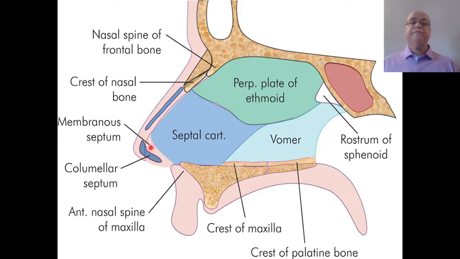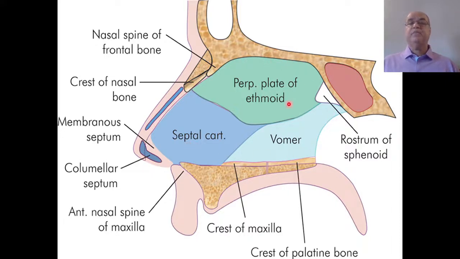Just behind that, there is the membranous septum, which has only two mucosal folds, and between the two mucosal folds there is no cartilage, because the septal cartilage of the nasal septum proper ends here, which is the caudal border of this septal cartilage, and it does not come up to the columella, so there is a membranous septum. And then this is what we call the nasal septum proper. So: columellar septum, membranous septum, and nasal septum proper.